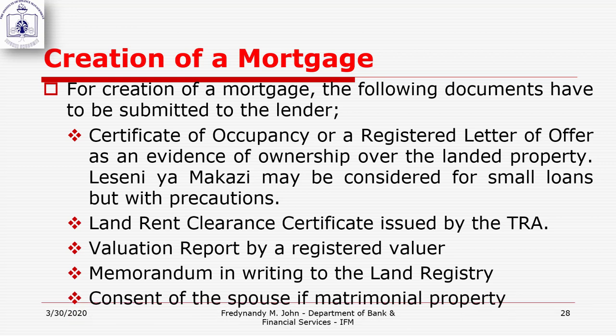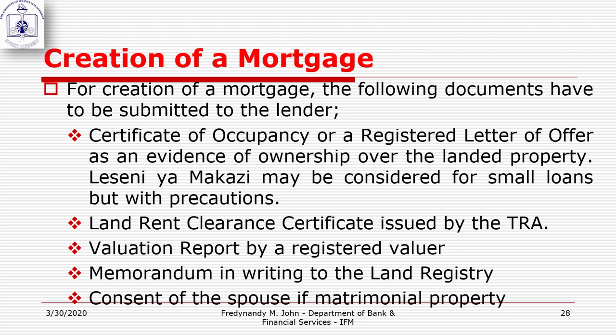Next is the consent of the spouse if it is matrimonial property. It has occurred on several occasions that people who are in marriage, one of them will go over to the bank, take a loan, pledge matrimonial property as a security, and then they default.